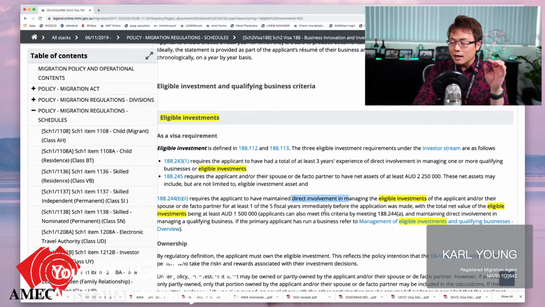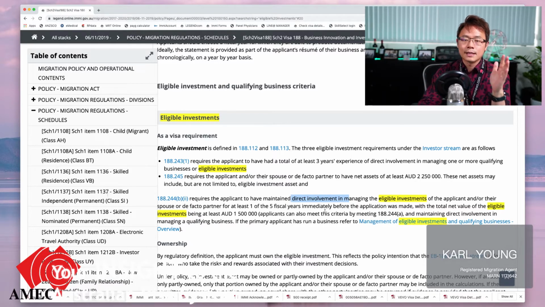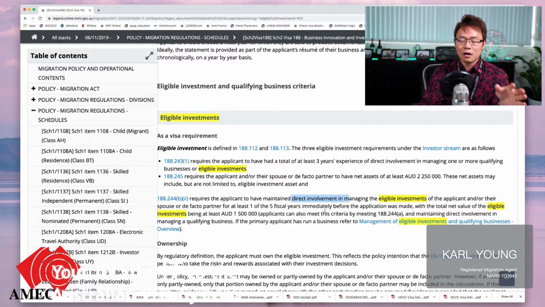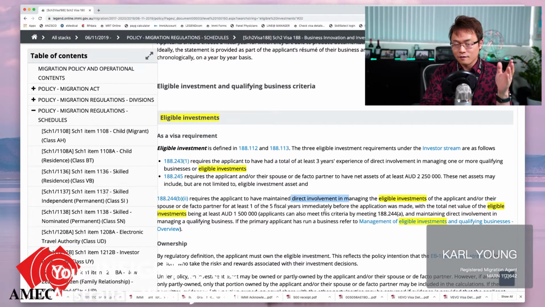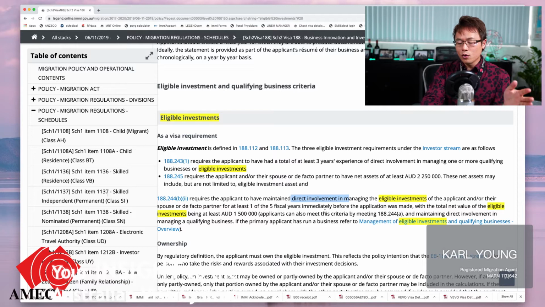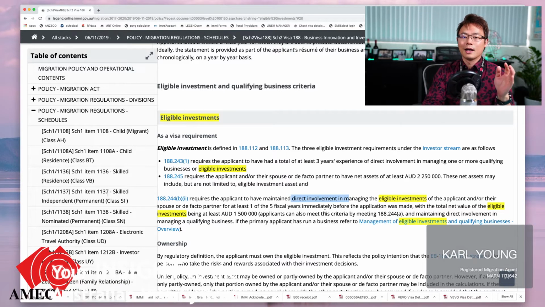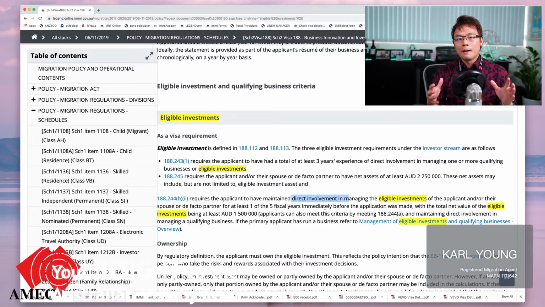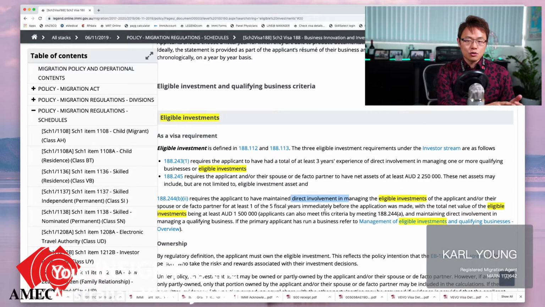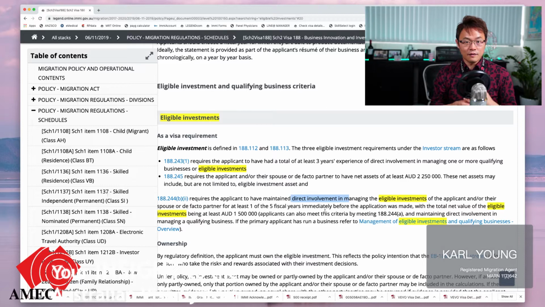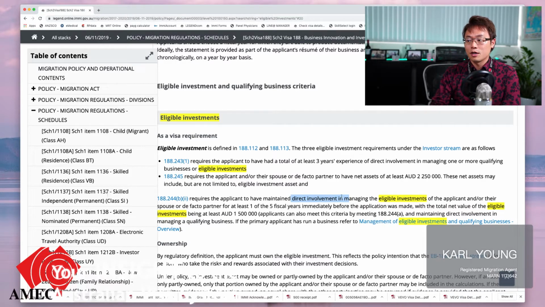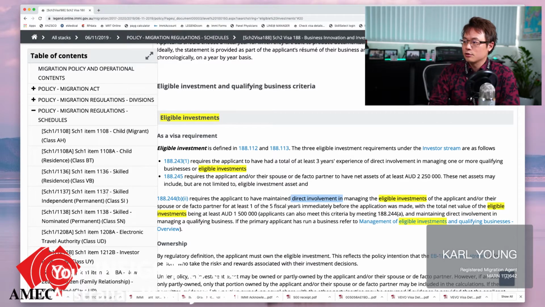The reason they raise the issue of direct involvement is that some people prefer to rely a lot on a financial advisor. If your investment portfolio shows predominantly being picked or chosen by the investment advisor, then we'll have some issue showing how you can maintain direct involvement in managing your investments. So that's another issue there.